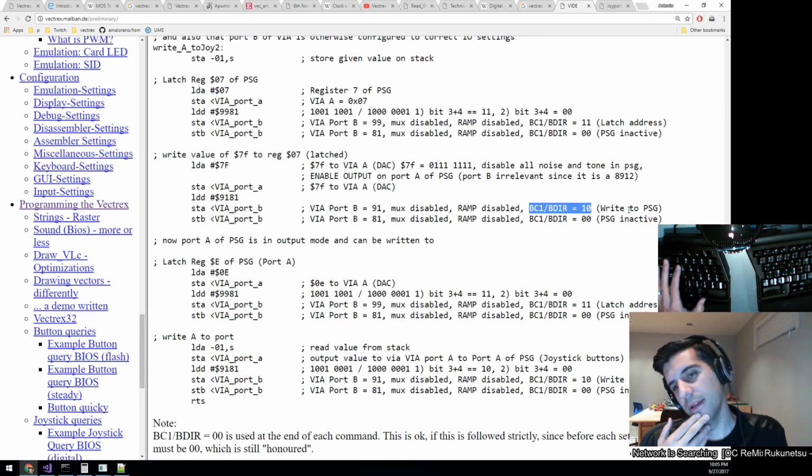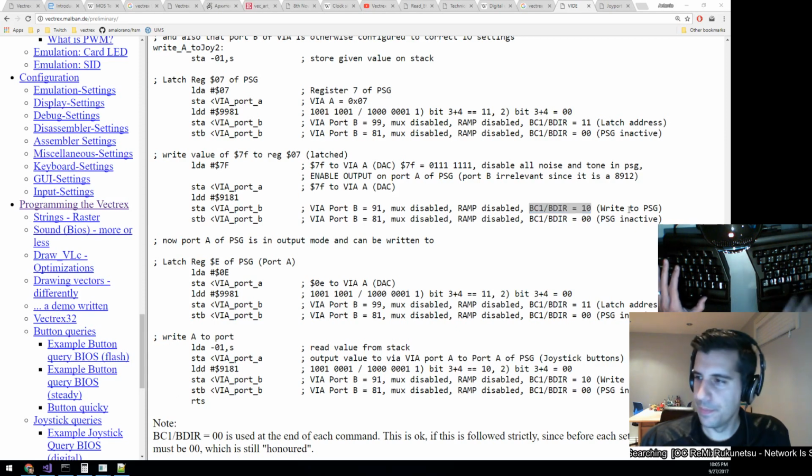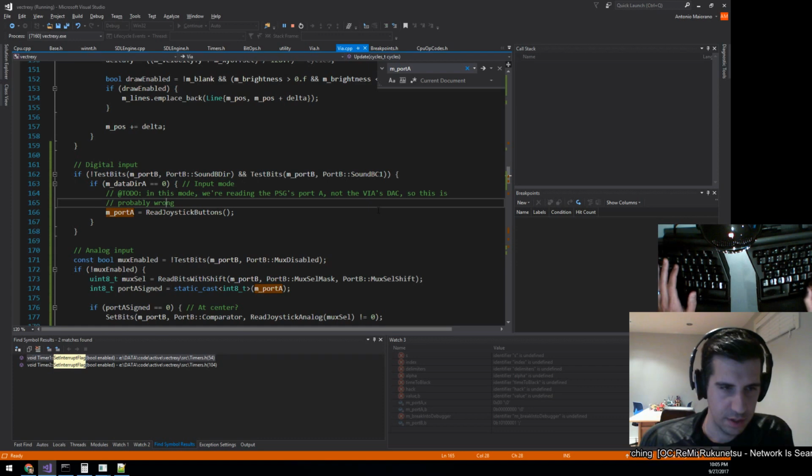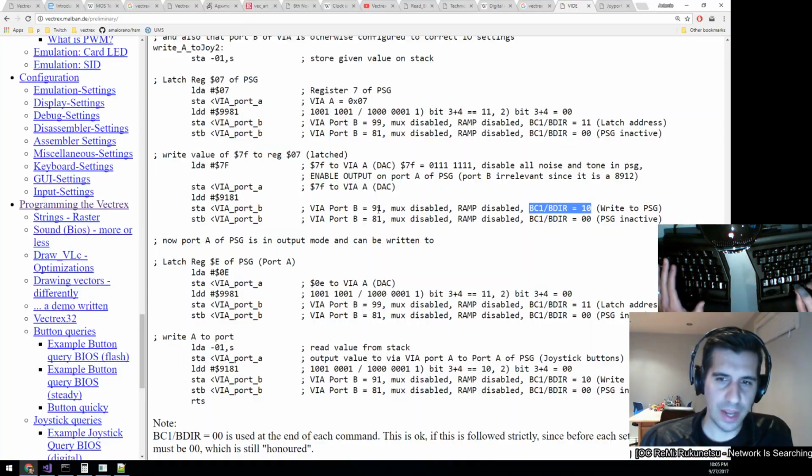Okay, so it's not what I was saying. It's not that when we go into this mode, it's not wired anymore to the DAC. It is using the DAC for this. So I'll kind of undo this. Although maybe in read mode, that is the case. But for write mode, it looks like it does use the DAC value.